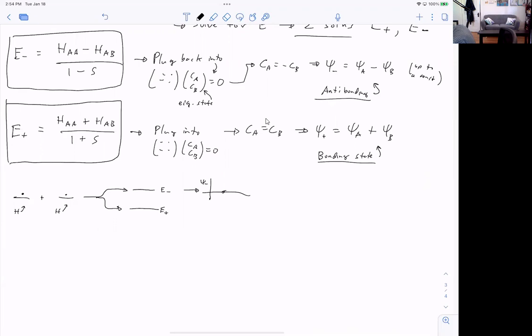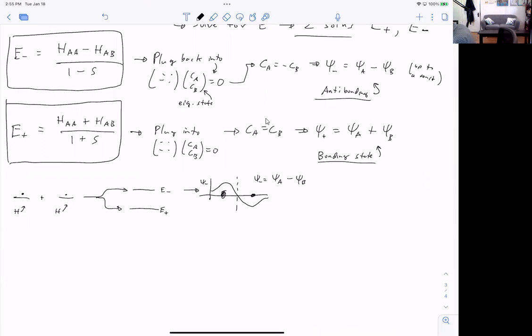which is going to be psi A minus psi B, which looks like this. Let's make this drawing a little better. I have the 2 atoms there and there, so it's going to look like psi A minus psi B. That's what psi minus really looks like.